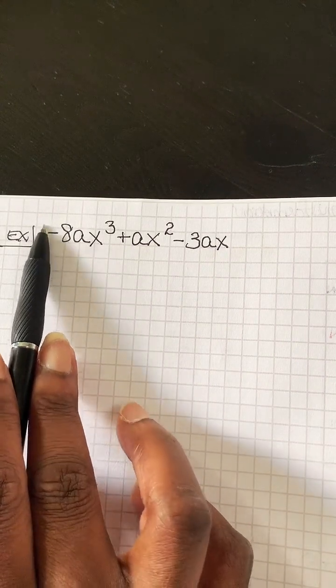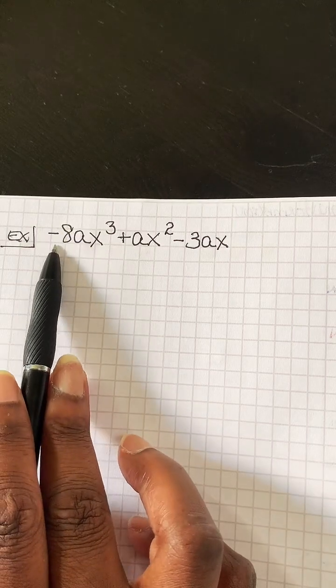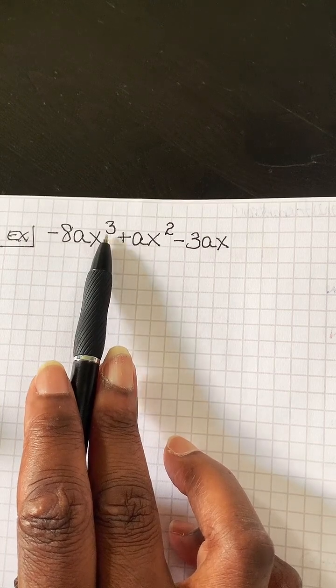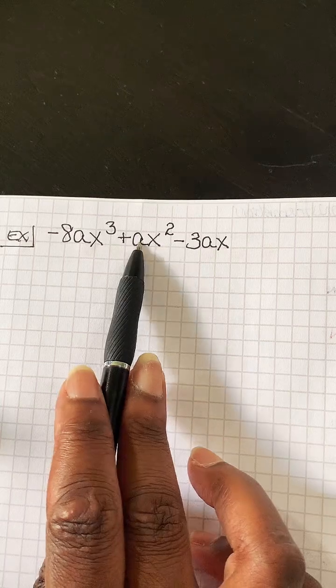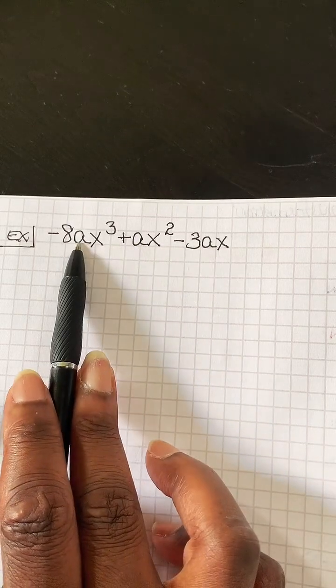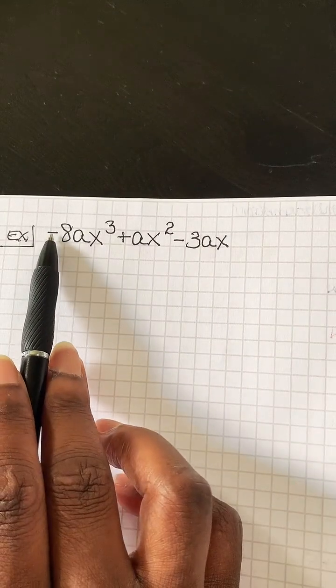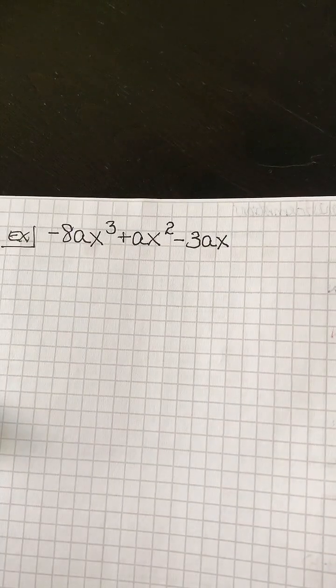This is my leading coefficient. The way that I know it's my leading coefficient is because we have a degree of 3. That's the highest degree that we have up here, because all my a's are exactly the same, to the first power. So I have a negative 8, so I want to really factor out that negative.